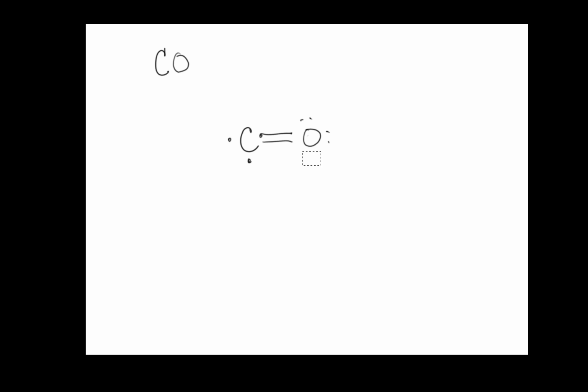Do I have a lone pair on the central atom that I could unpair? Well, no, because these 2 electrons are on my central atom. So what I need to do now is just pair them up, because electrons do not like to be unpaired. So I'm going to take this one and pair it up right there, and I'm going to get rid of it from right there.